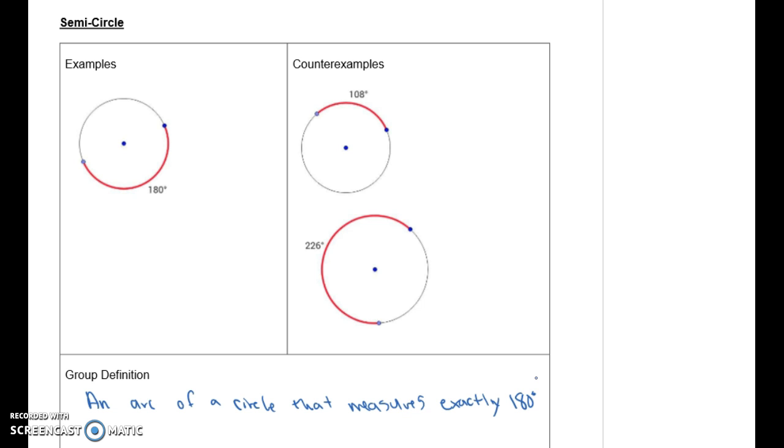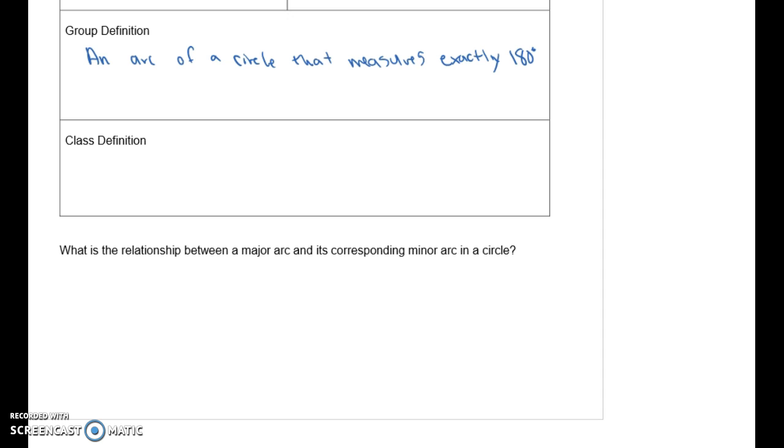And then the last piece of this, before we get to some examples: what's the relationship between a major arc and its corresponding minor arc? Again, the major arc is the one that goes bigger than 180, and the minor arc is the one that's less than 180 degrees. If we put them together, we get the entire circle.